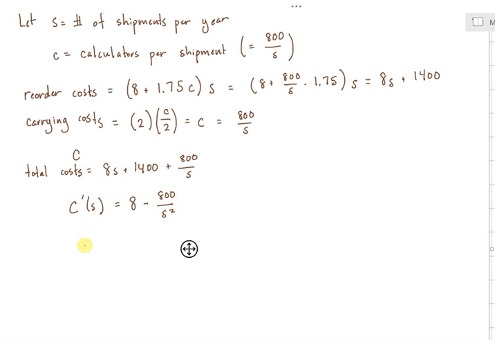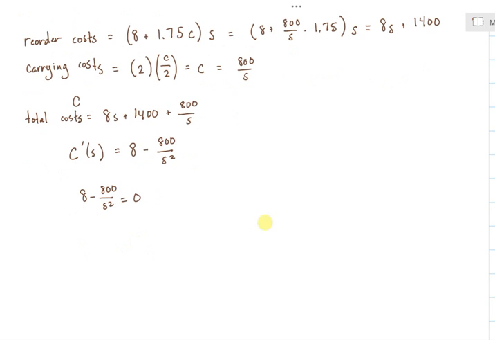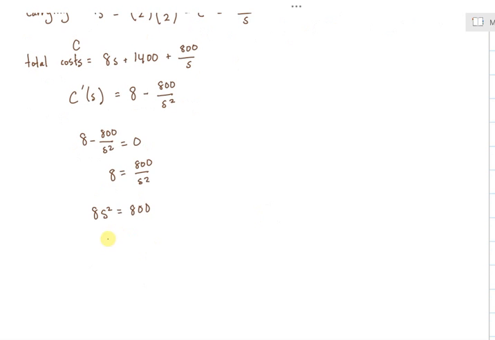Setting that equal to 0, 8 minus 800 over S squared equals 0. I get 8 equals 800 over S squared. Multiplying both sides by S squared gives me 8S squared equals 800. That gives me S squared equals 100, which gives me S equals 10.